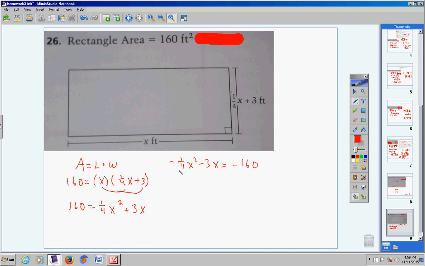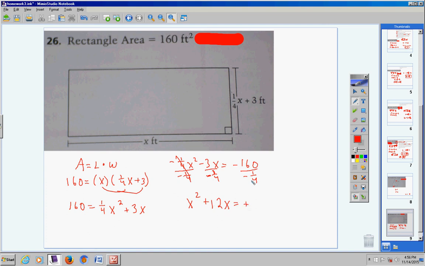Step 2, divide by your x squared coefficient, negative 1/4 in this case. So divide every term by a negative 1/4. Now, these cancel here. I'm left with x squared. A negative divided by a negative is positive. 3 divided by 1/4 is 12. So positive 12x. Over here, a negative divided by a negative is positive.